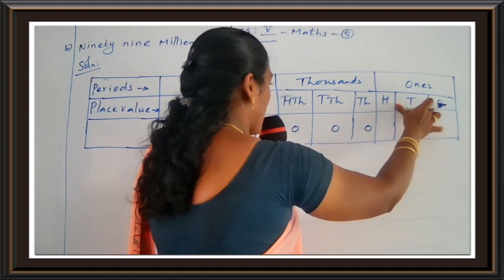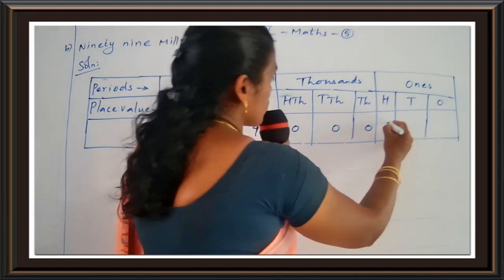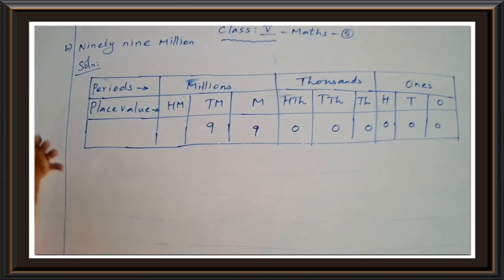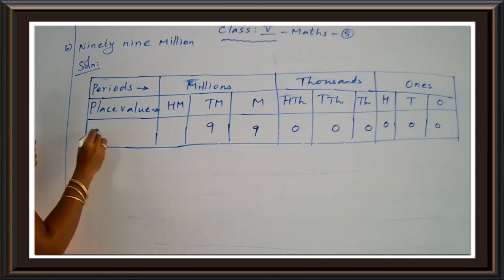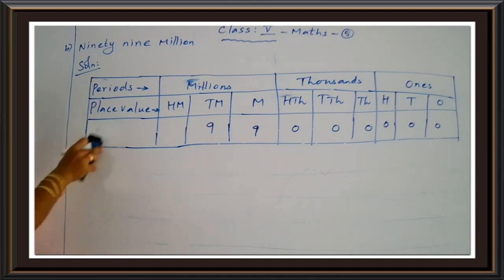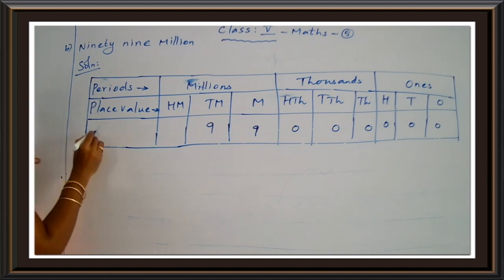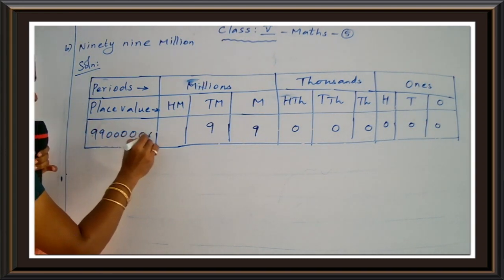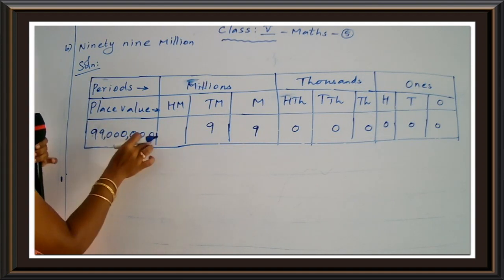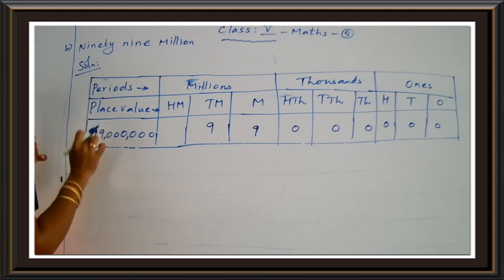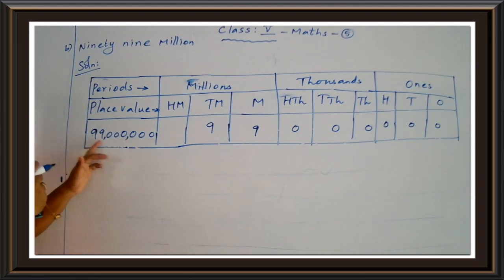Ones period also has 3 places, so you put 0 in those places. So ones period is 0 and thousands period is 0. Now the million period is only 99. So your answer is 99 million. Do you understand? Yes.